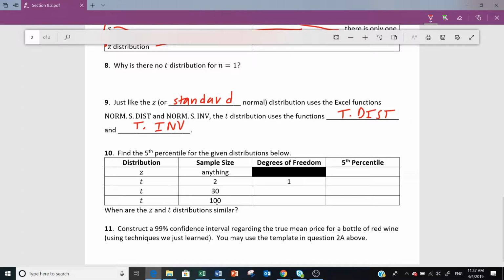Yeah, the only thing that's changing is this one. Yeah, that's good. The degrees of freedom is just 1 less.